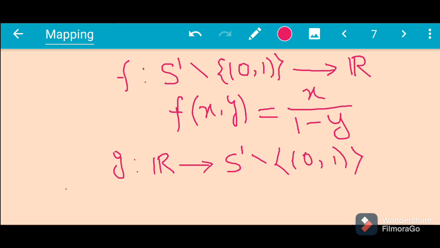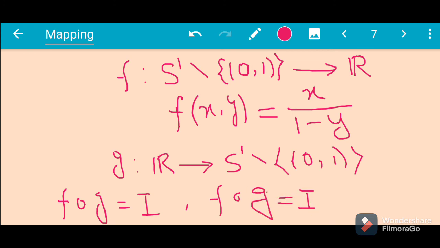After that, if we show g of f is equal to the identity map and f of g is equal to the identity map, it means f and g are inverses of one another, or in short f is an invertible map. It means these two sets are bijective. So if we remove one point from the circle, the resulting set is always bijective with r.